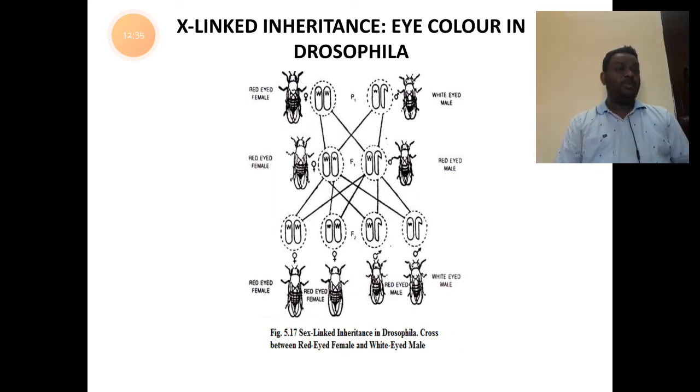If it were recessive in nature, even some of the females should have been white-eyed. So he had a kind of confusion, and he started to analyze where this gene responsible for white eye is located on the chromosome of Drosophila.